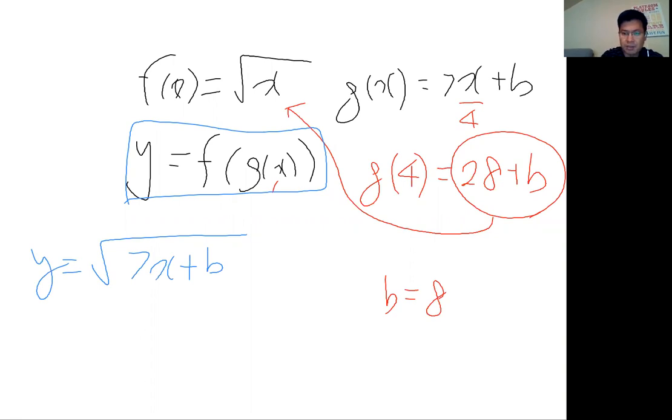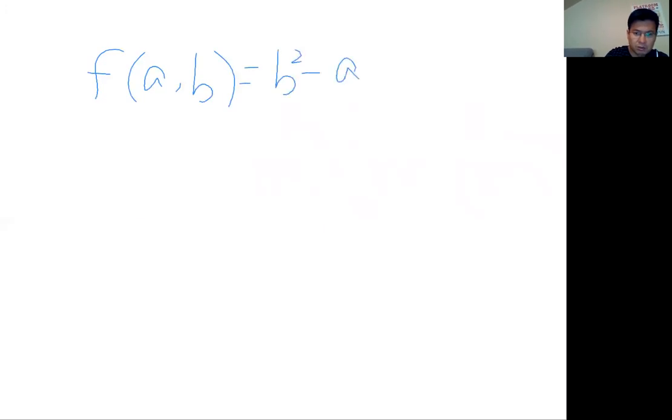And then special functions. For special functions, you just follow the given instruction for this notation. Whatever you have, the second one you square it, and the first one you subtract.